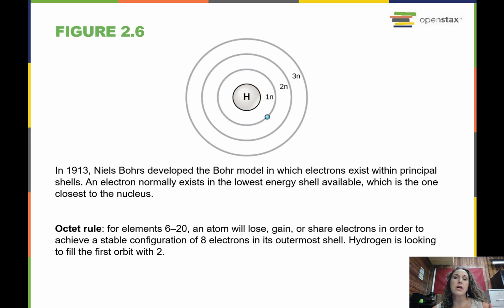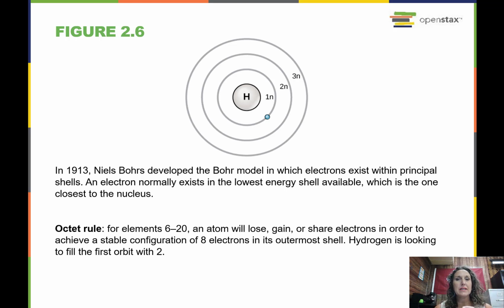So basically, electrons are going to exist in an orbital. Okay, so they go around the nucleus in a relatively orderly pattern to make it easy for us. So the orbitals can be in all different directions, but to make it easier, Niels Bohr came up with a model.